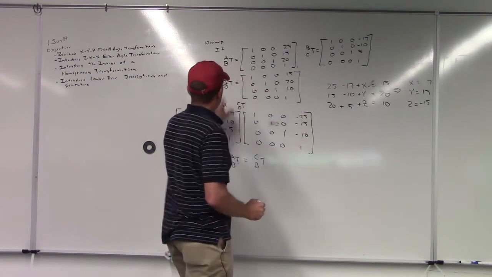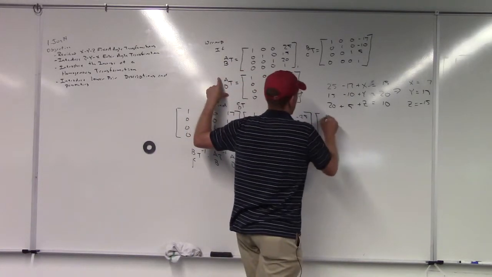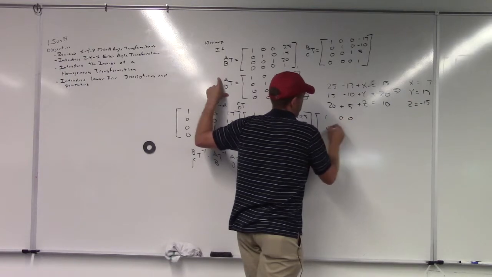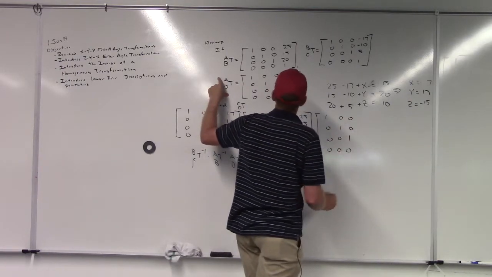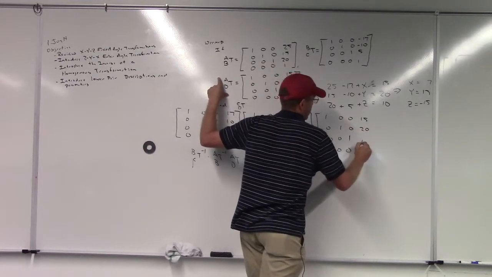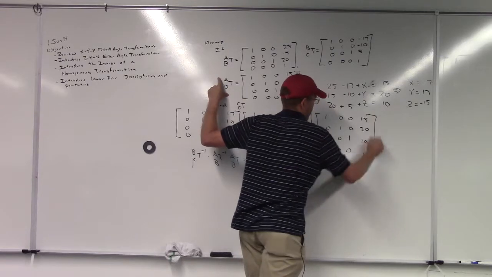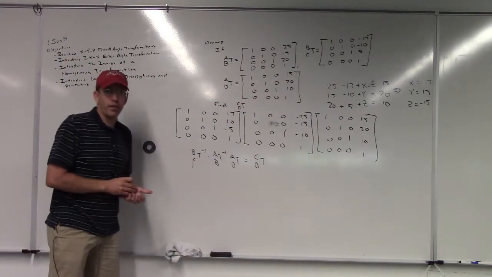And then finally, hitting that with the transform from A to D, we have 1, 0, 0, 0, 1, 0, 0, 0, 1, bunch of zeros, and then 15, 20, and 10, 1 there. So let's see. Everyone would agree with that?